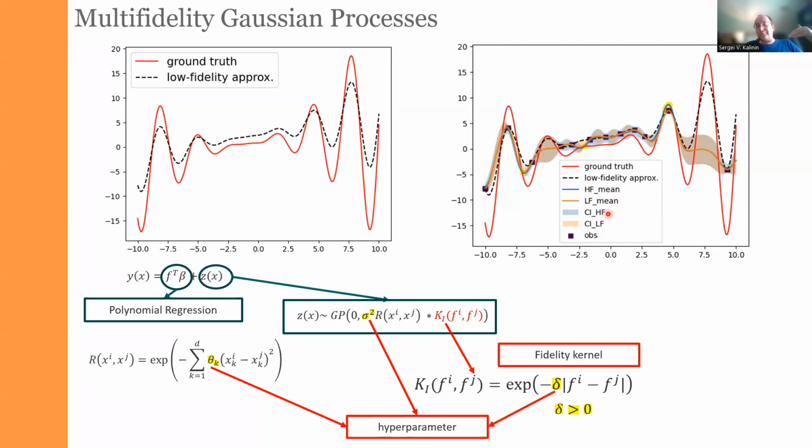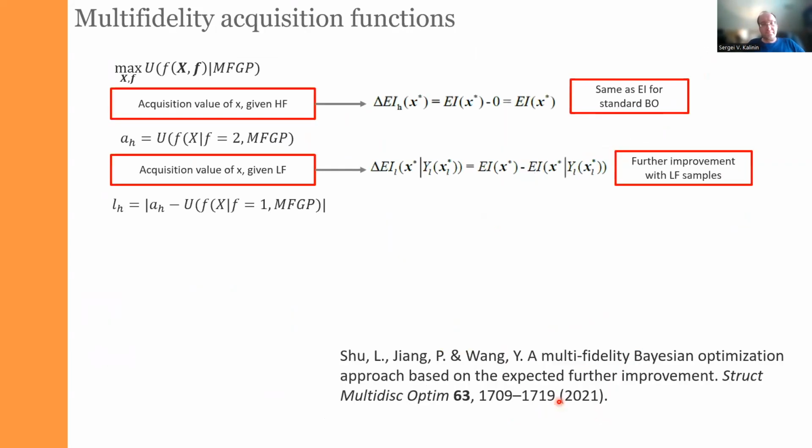We build the surrogate models for both of them, and we also try to build the relationship between the low fidelity and high fidelity models, and that is done through the correlation. So this is probably quite a lot to unpack, and that would be absolutely true. It kind of should be this way, but that's the idea.